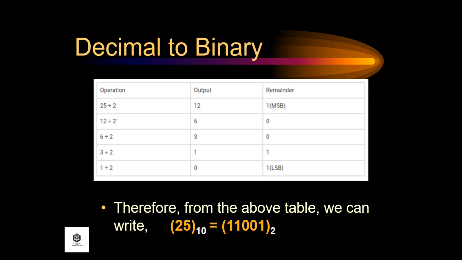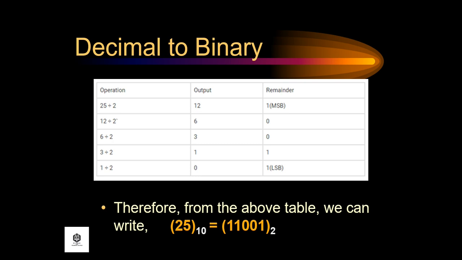Next, 6 divided by 2 is equal to 3. 3 times 2 is equal to 6, and there is 0 remainder. Next is 3. 3 divided by 2 is equal to 1. 1 times 2 is equal to 2, so the remainder is 1.